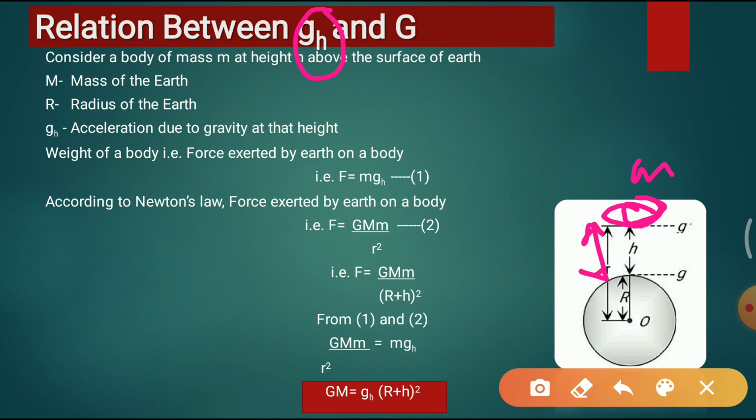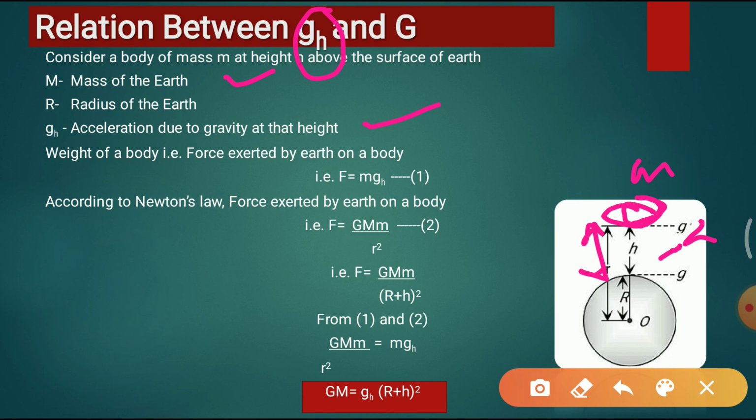Here g dash means our g h. Similarly, we have to consider a body of mass m which is placed at a height h above the earth's surface, and capital M is the mass of the earth, capital R is the radius of the earth, and g h is nothing but the acceleration due to gravity at that height.